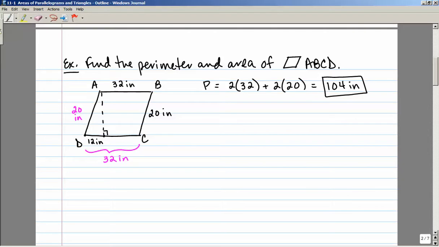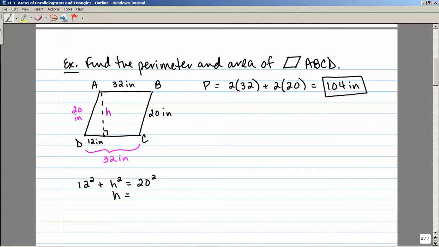Now, in order to find the area of the parallelogram, I need to know what is the height, what is this distance right here. And you'll notice that that is actually one leg of a right triangle here. So I'm going to use the Pythagorean theorem. 12 squared plus h squared equals 20 squared. Notice that the slanty side on the left is the hypotenuse of a right triangle.